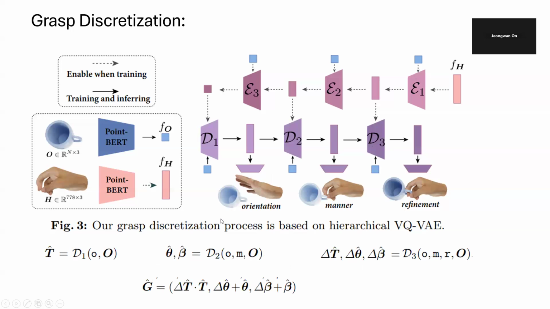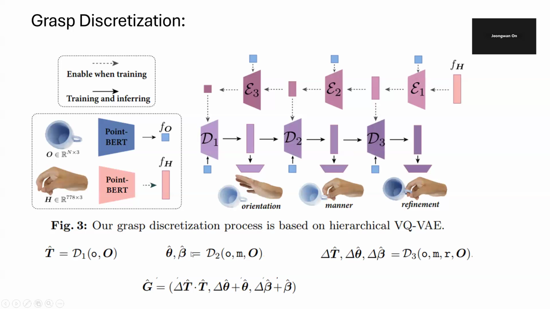And now we see how those T, theta, and beta can be obtained from OMR tokens. So T is encapsulated by this expression here. O represents the orientation token, and together with the object vertices and object features, D1 outputs the homogeneous matrix.